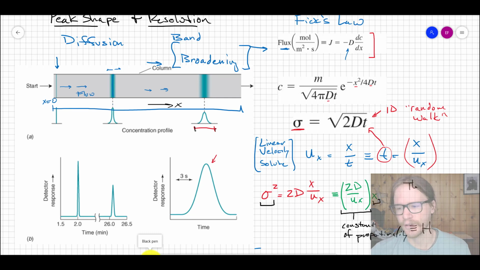It's really a hypothetical value. It's not necessarily an empirical or real thing, but it allows us to quantitatively compare the efficiency or the separating power of a particular chromatography system or a column on a chromatography system using this theoretical plate height.